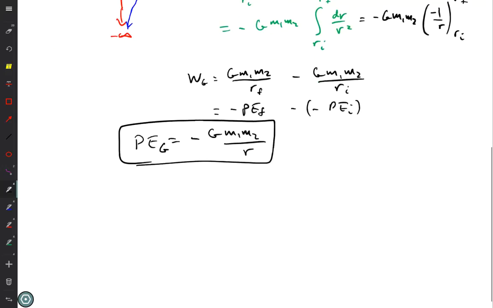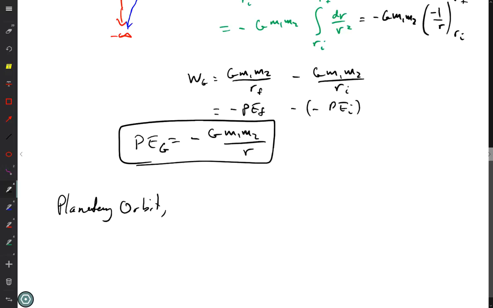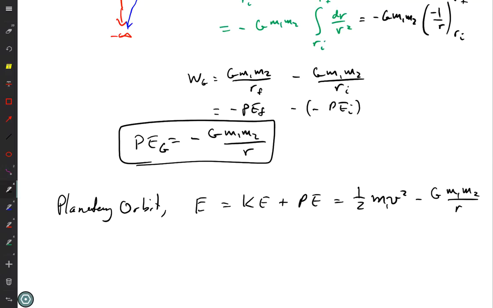And so for a planetary orbit, energy is kinetic energy plus potential energy equals 1/2 mass times speed squared minus G M over R. Now, I should have put M1s there. You have two masses involved. You have to know which mass is which. That's the equation for the total energy of a planet orbiting the sun, let's say.